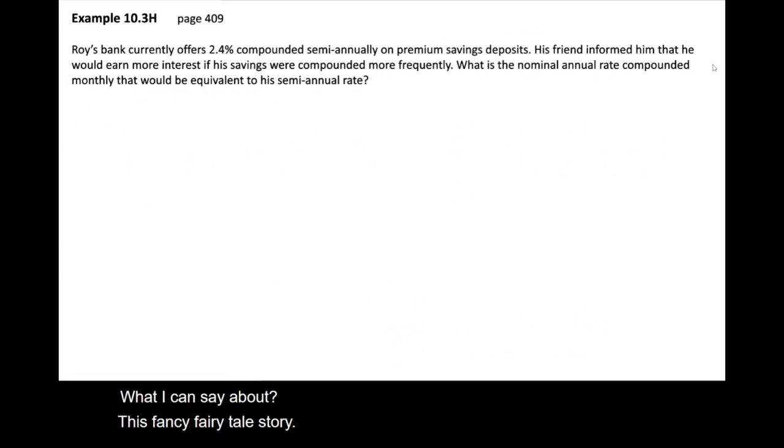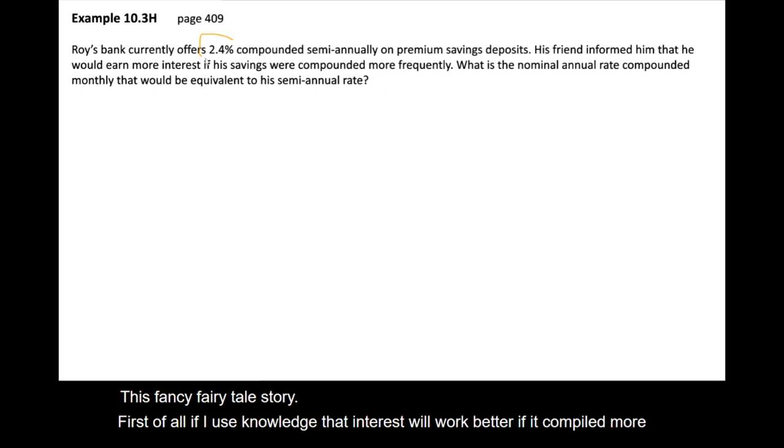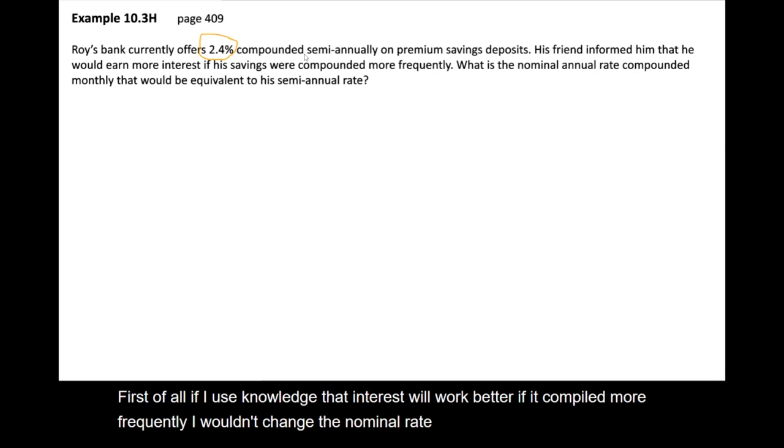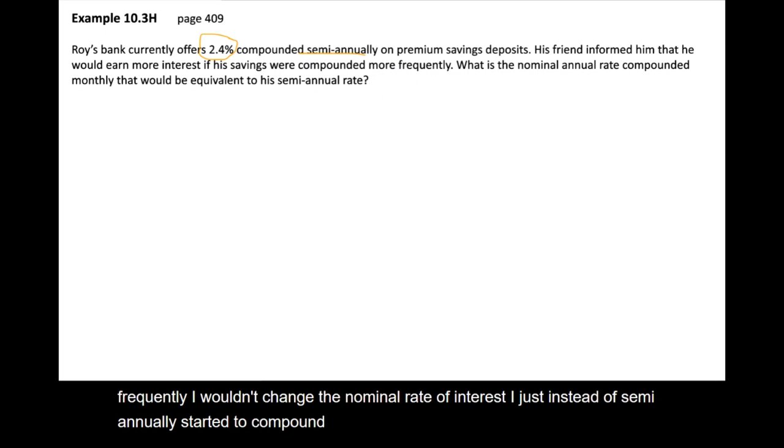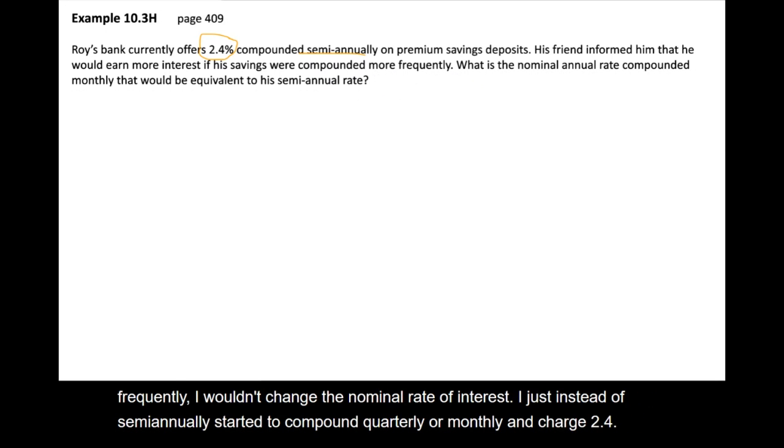First of all, if I use the knowledge that interest works better if it compounds more frequently, I wouldn't change the nominal rate of interest. I would just, instead of semi-annually, start to compound quarterly or monthly and charge 2.4. Is that clear, people?